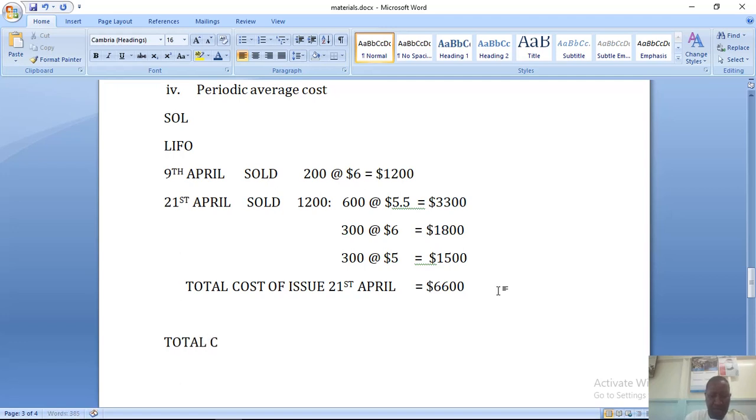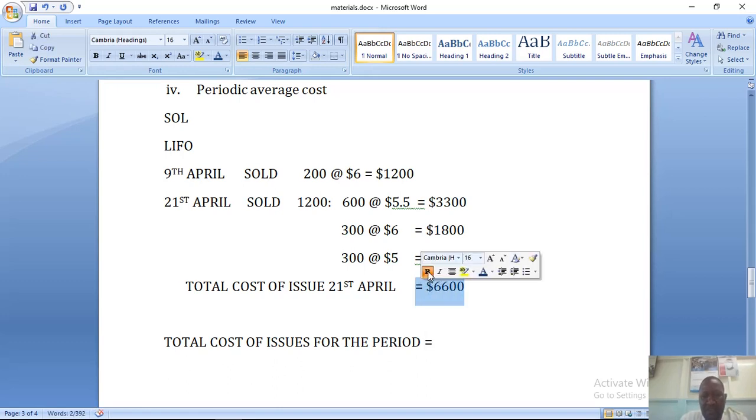Total cost of issue for the period will be equal to the 6,600, which is the total cost of issue for the 21st of April, plus the 1,200 total cost of issue for the 9th of April.